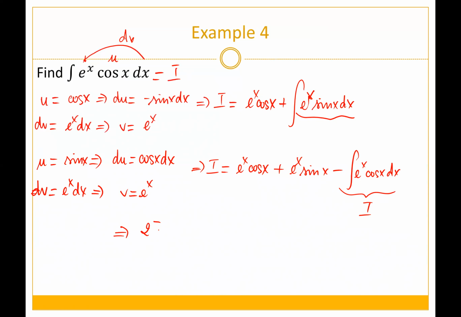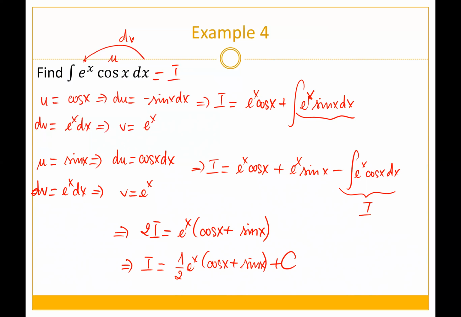So you have 2I equal to e to the x times cosine x plus sine x. Or you have I become half of e to the x times cosine x plus sine x. Or you can add a plus c if you want, because it's an indefinite integral, so it cannot be just a number, it's a function.